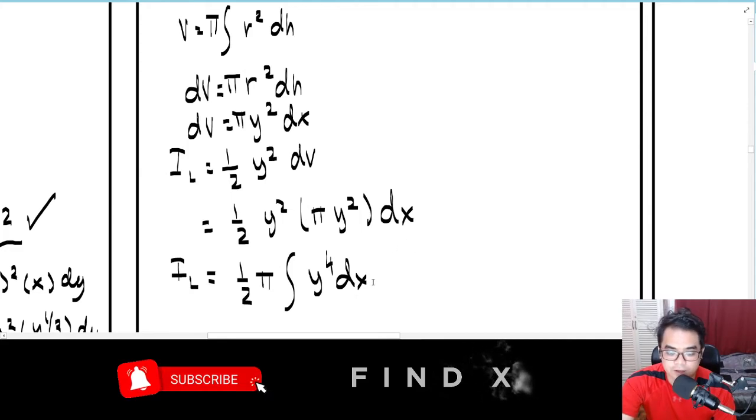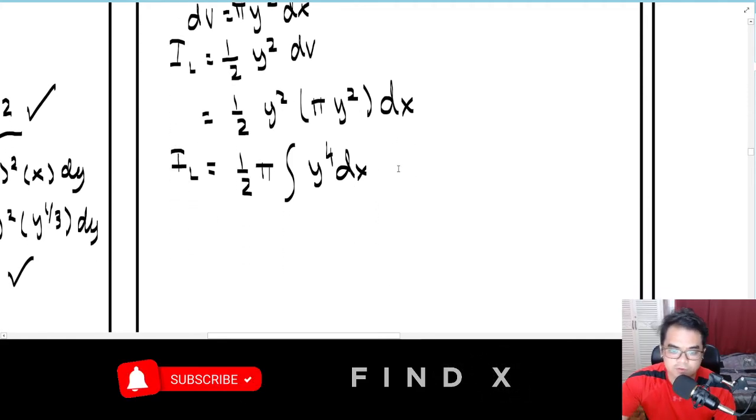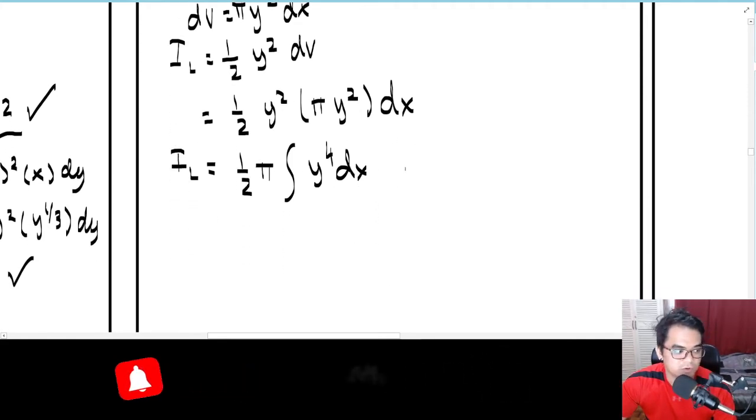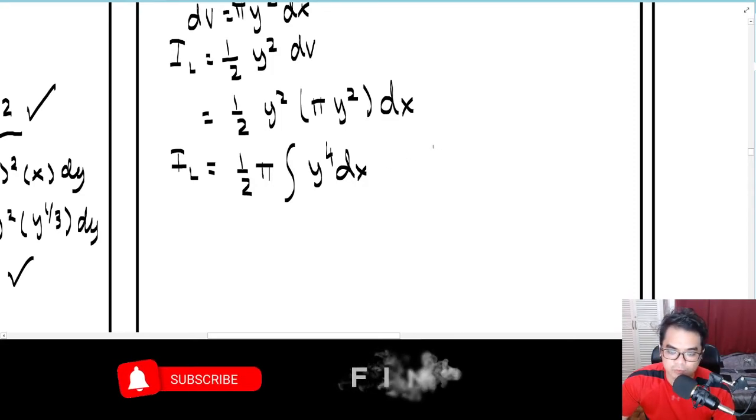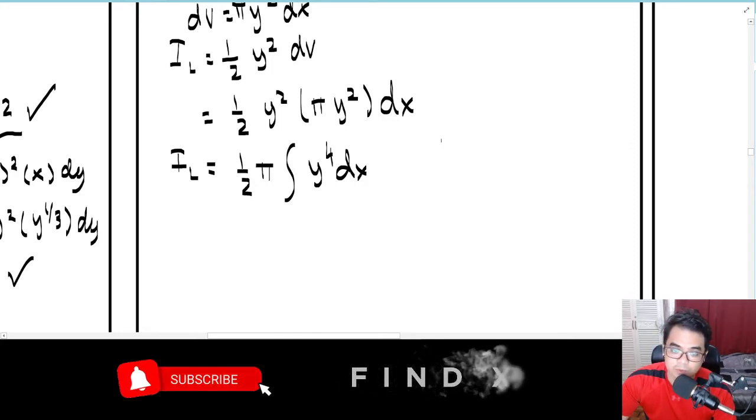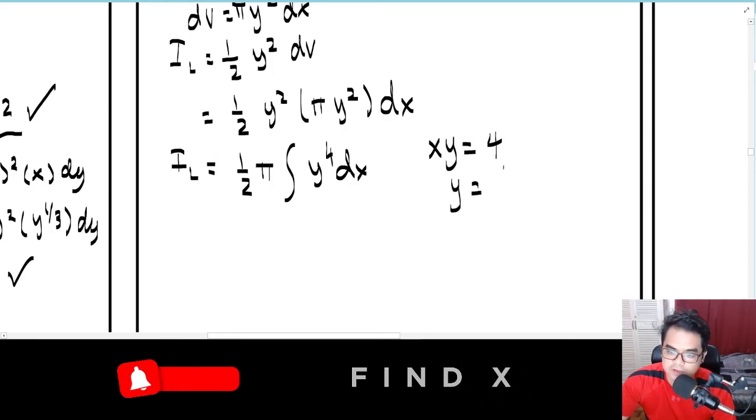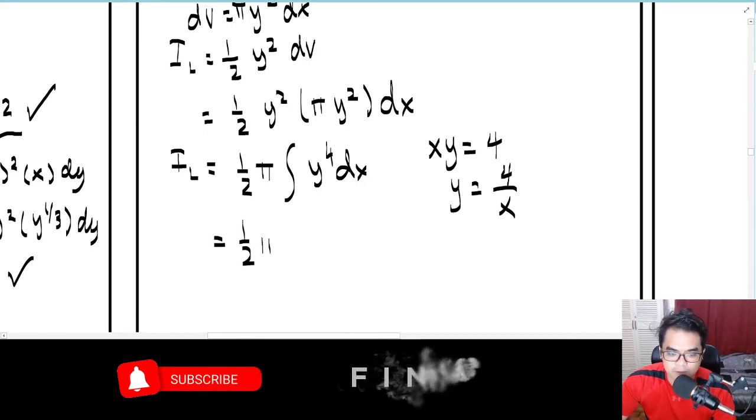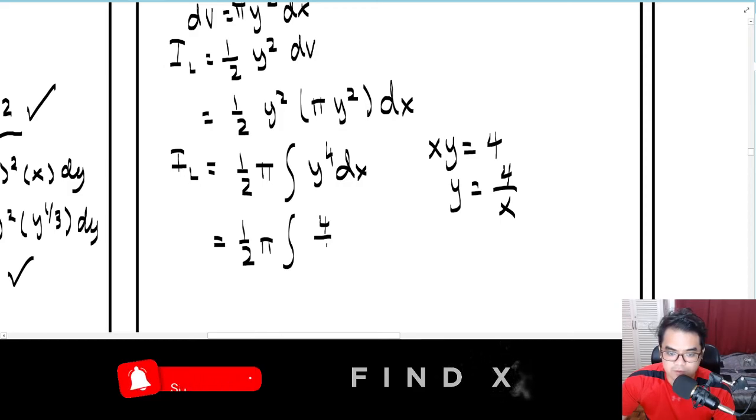We have to get the value of y raised to 4 because this is in dx, so you have to make it in terms of x only. We have the equation of the hyperbola xy equal to 4, right? Therefore, your y here is just 4 over x. And then that will become 1 half pi integral of 4 over x raised to 4 dx.